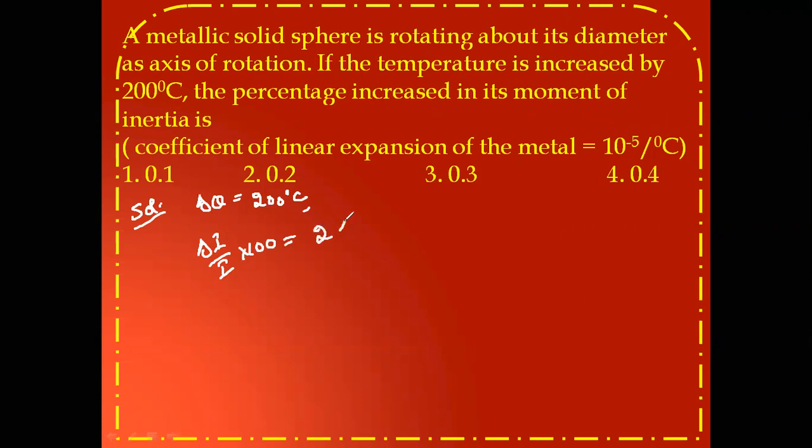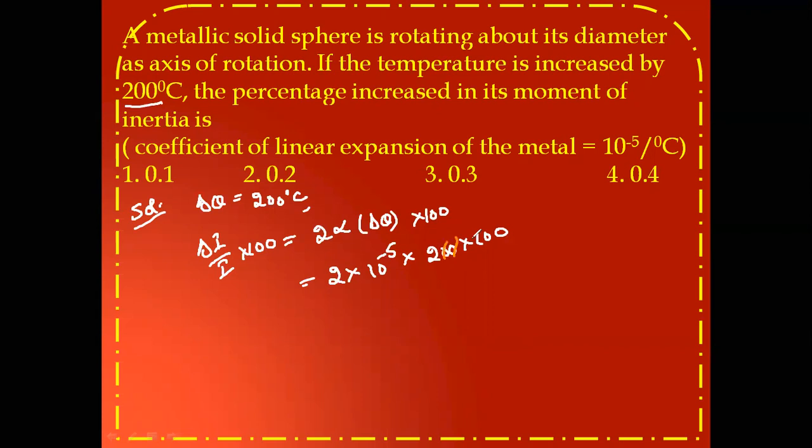What is the formula? 2 into alpha into delta theta multiplied with 100. So this is equal to 2 into alpha, which is 10 power minus 5, into delta theta. Delta theta is 200, multiplied with 100. So percentage they ask. So what can we cancel out here?